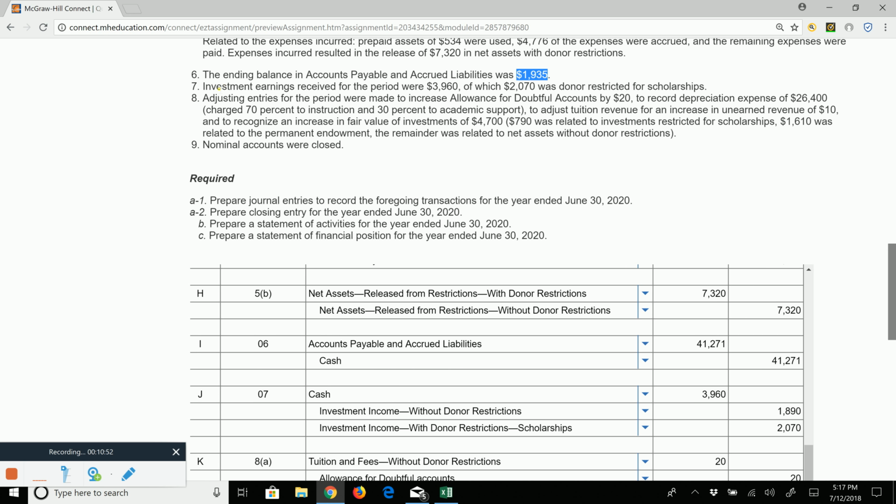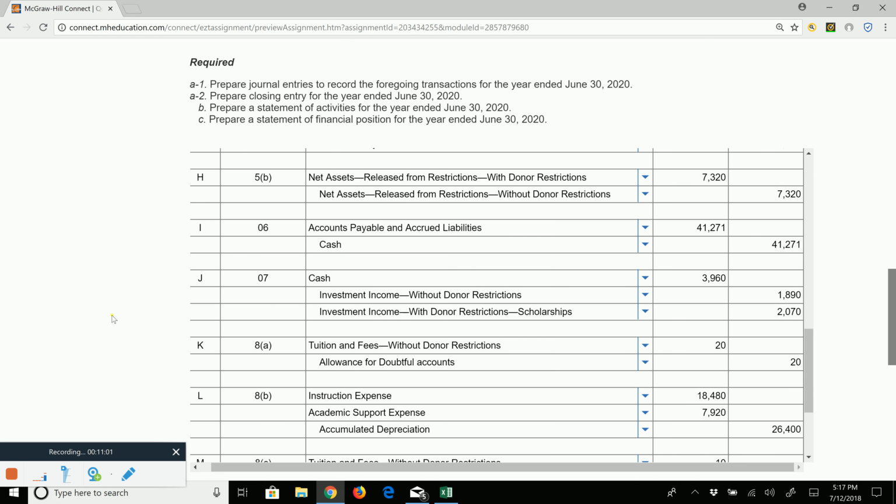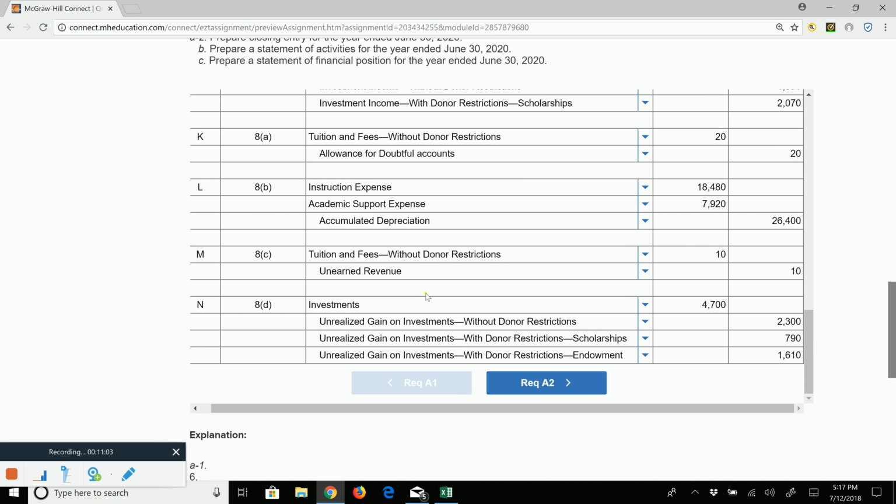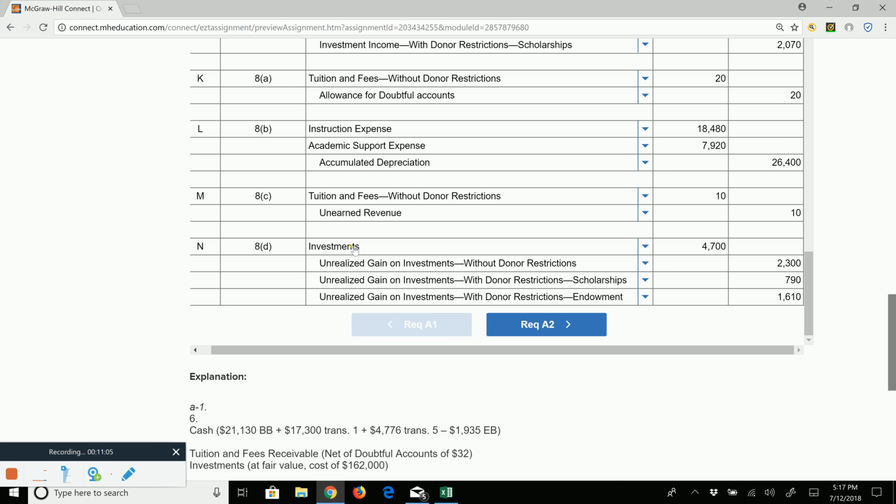Number 7, investment earnings received for the period, $3,960, of which $2,070 was restricted. So we're going to debit our investment account, our asset account. We'll increase it with a debit, and we will credit all of our unrealized gains.